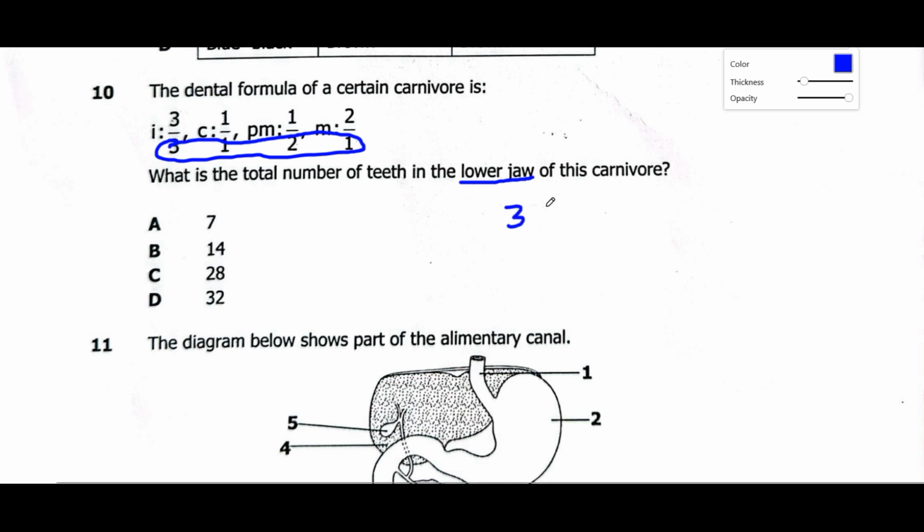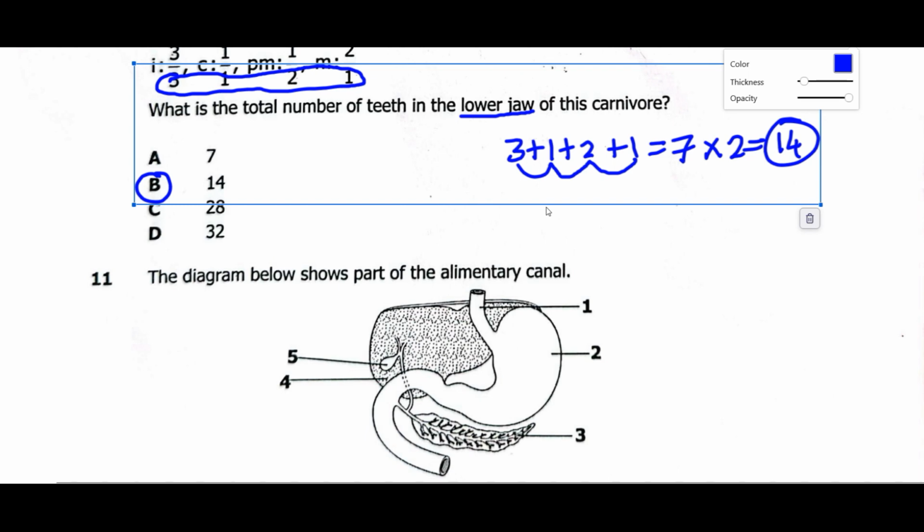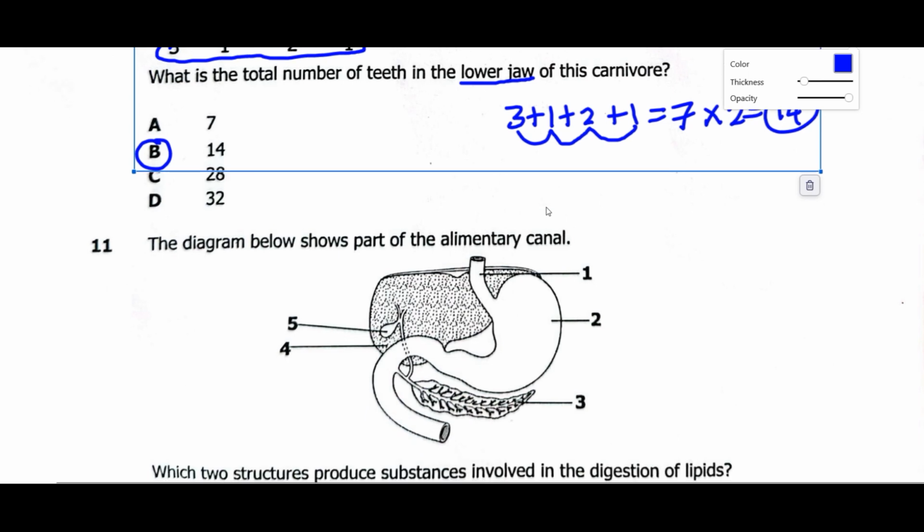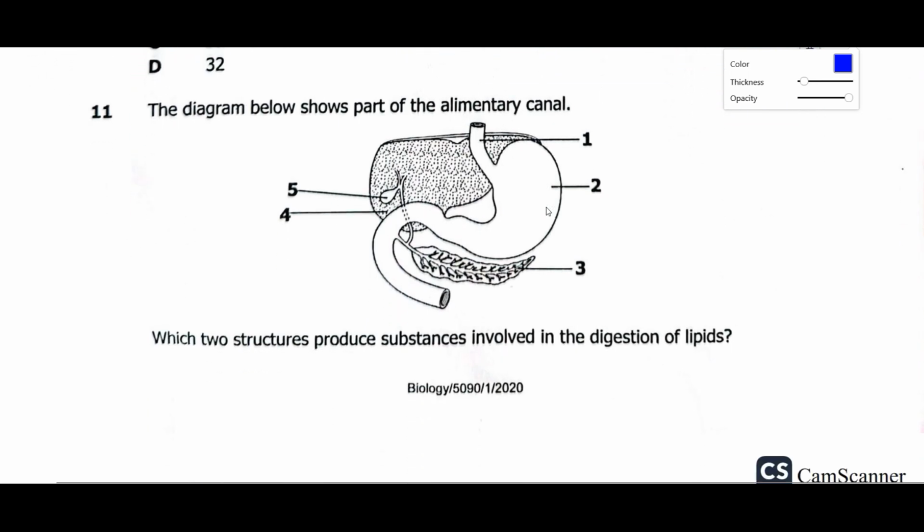So we have 3 plus 1 plus 2 plus 1. So 3 plus 1 is 4. 4 plus 2 is 6. 6 plus 1 is 7. Then this number you multiply by 2, which gives us 14. So the answer is B. So the total for the two jaws must be 28. So we move on to question 11.